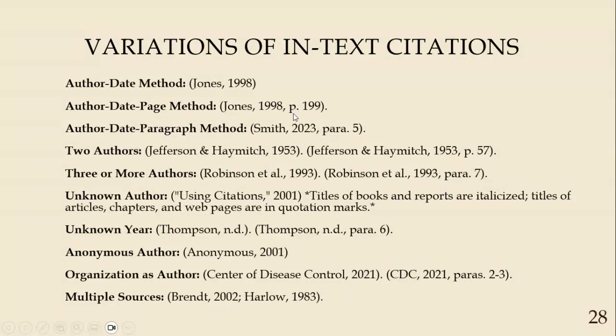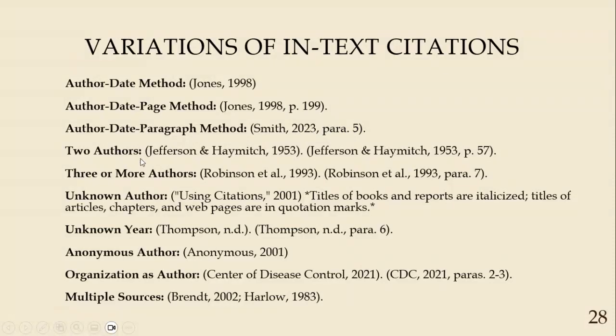So those will have physical page numbers. But if you're on, let's say, the CDC website or some governmental website, a lot of online sources don't have physical page numbers because they never had the intent of being published and circulated in a physical book. So you'll have to count the paragraph in which that directly quoted information appears.